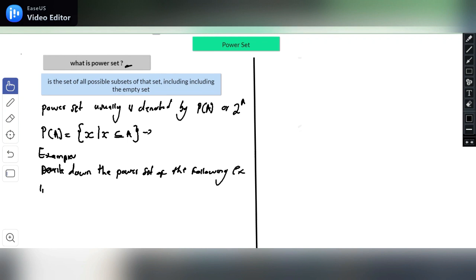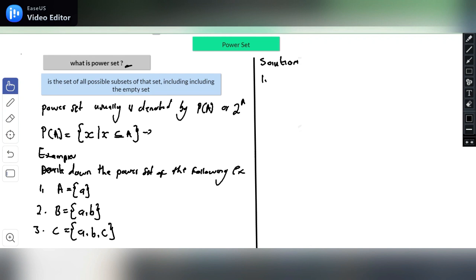Example 1, we have A is equal to {a}. Example 2, we have set B is equal to {a, b}, right? Then 3, we have C is equal to {a, b, c}, right? So now let's find the solutions of those examples.